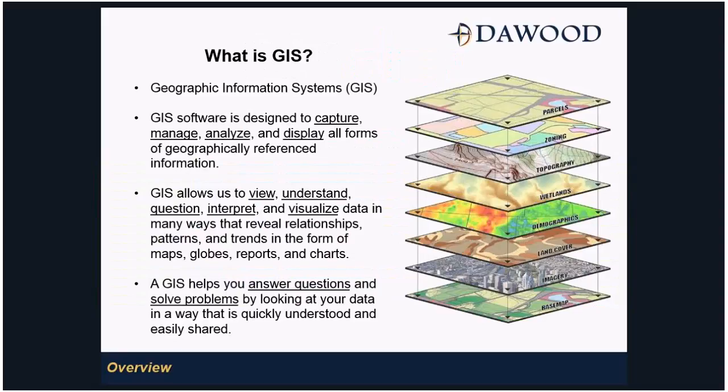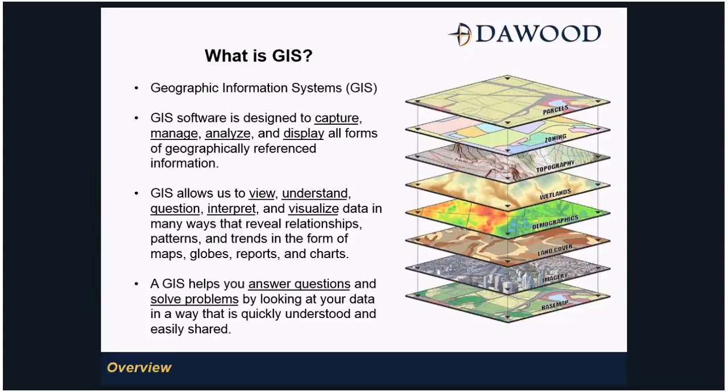I'd like to start with a brief introduction as to what GIS is. GIS stands for Geographic Information Systems. I have a few different definitions here that I won't read through all, but basically GIS software is designed to capture, manage, analyze, and display all forms of geographic information.